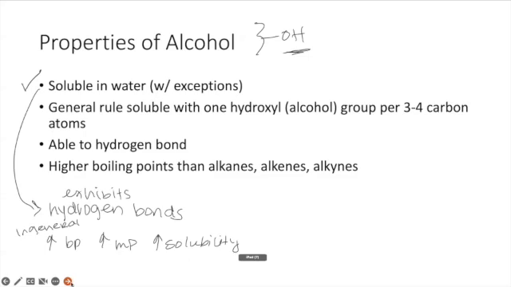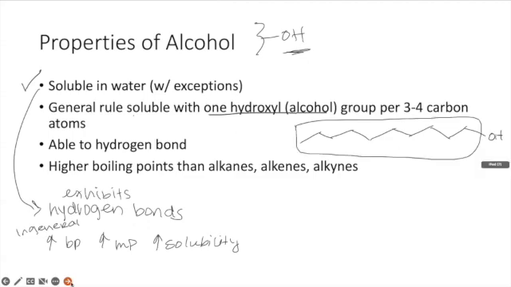So the general rule is that they are soluble with one hydroxyl group, one OH, per every 3 to 4 carbons. As soon as you start putting in a crazy long chain, with one hydroxyl group per, say, 8, 9 carbons, then we start to reach pretty insoluble territory because we have this long hydrophobic region.